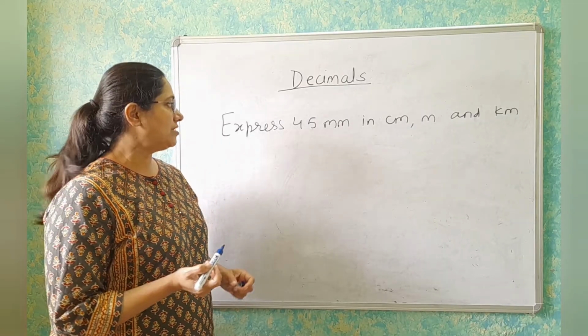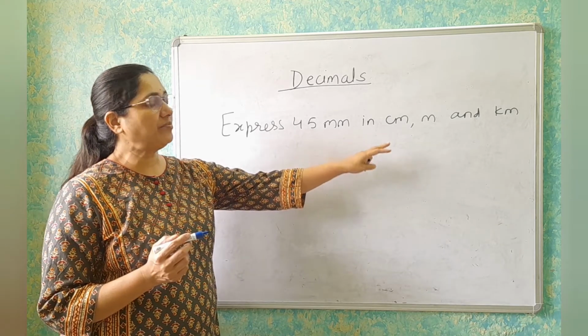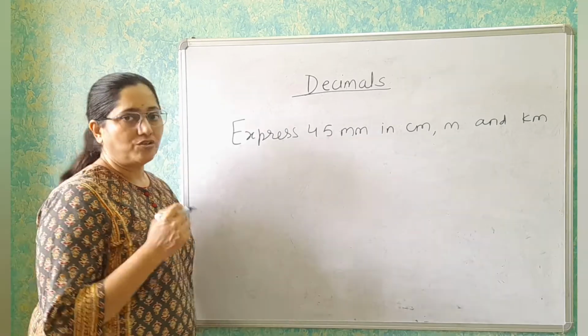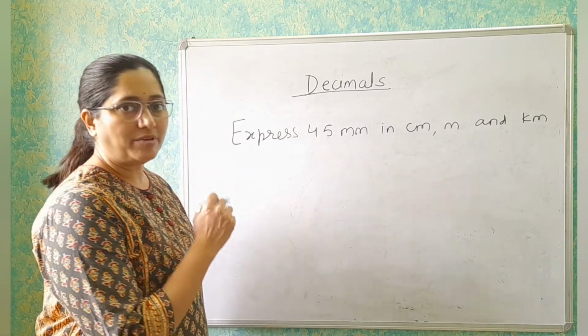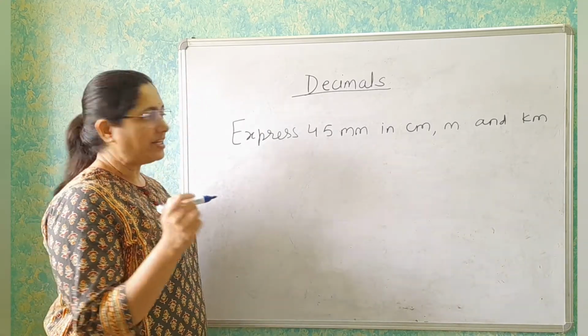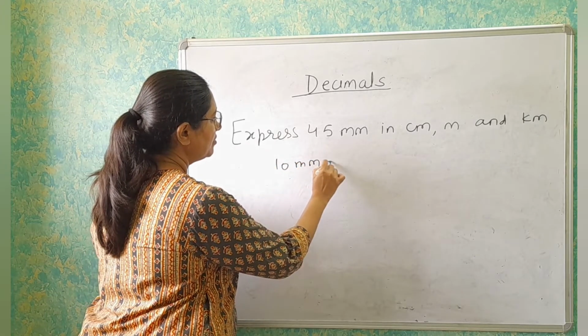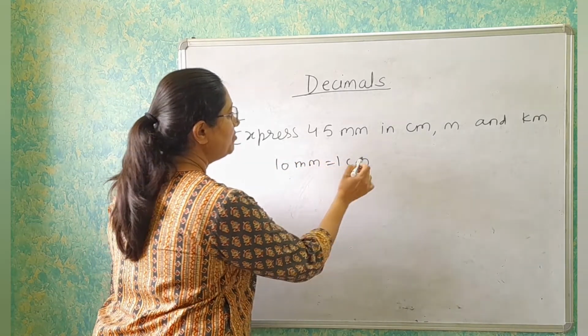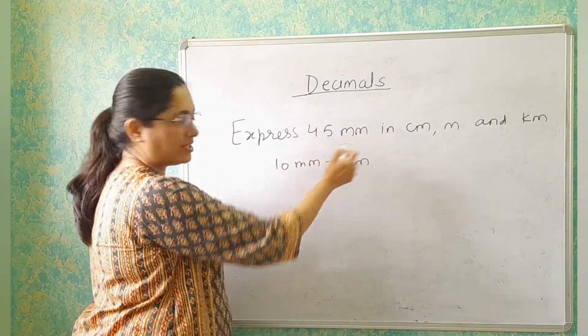Let's take one more example. Express 45 millimeter in centimeter, meter and kilometer. You know that the smallest unit of length is millimeter and 10 millimeter is equal to 1 centimeter. So first I will write 10 millimeter equal to 1 centimeter. Now I have to change 45 millimeter into centimeter.